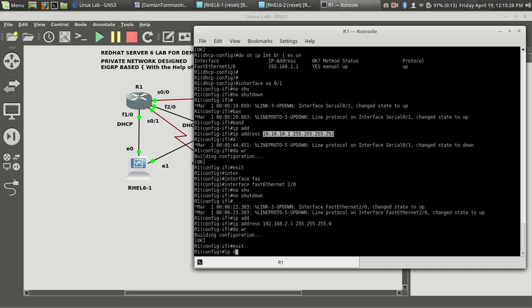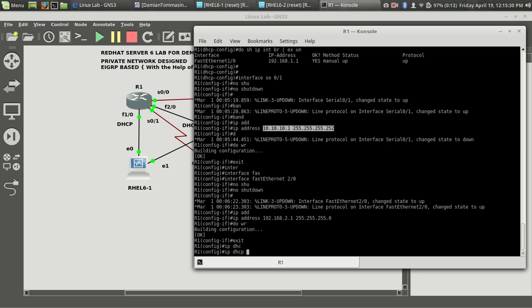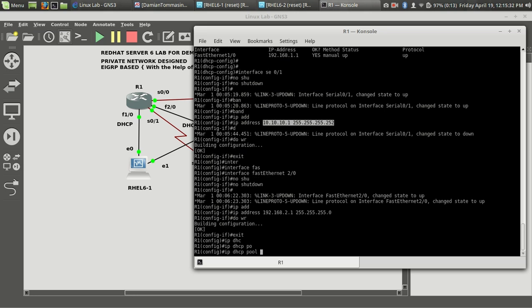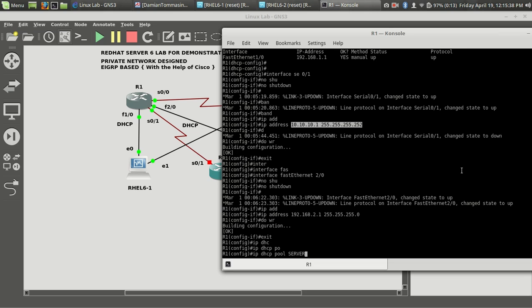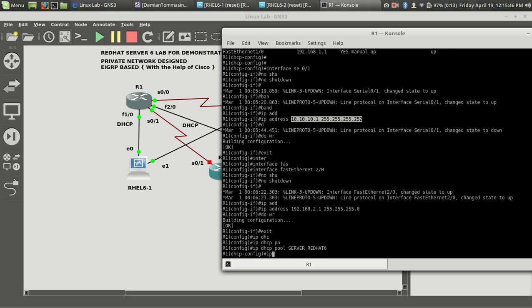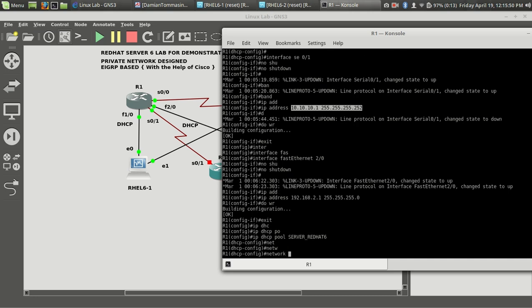Again I need a pool, this time for Red Hat 6 server 2. So the pool name is server Red Hat 6 second server, and the network, how many networks do I have?